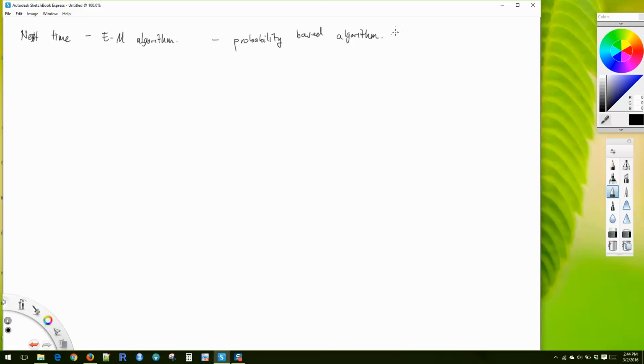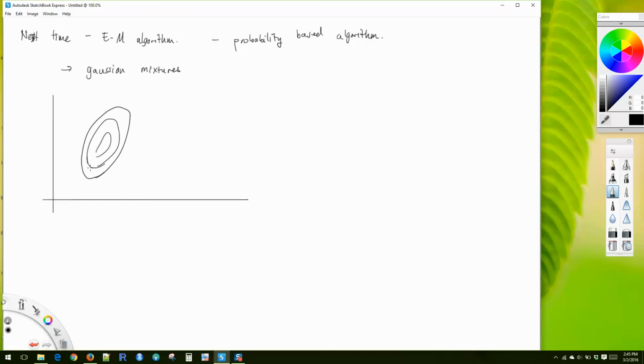We'll look at Gaussian mixtures. And so what we have with Gaussian mixtures is your data. You've got some normal distribution here. This is a two-dimensional normal distribution, and it's generated a bunch of data points here.